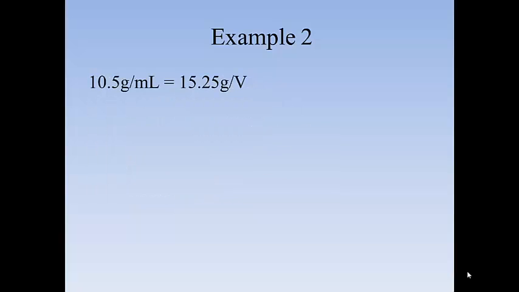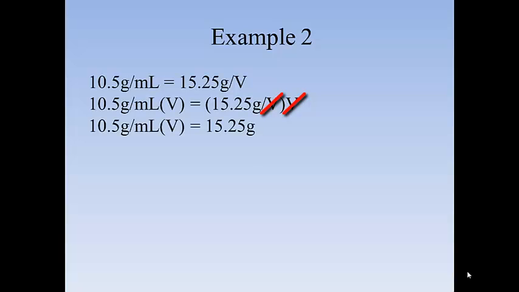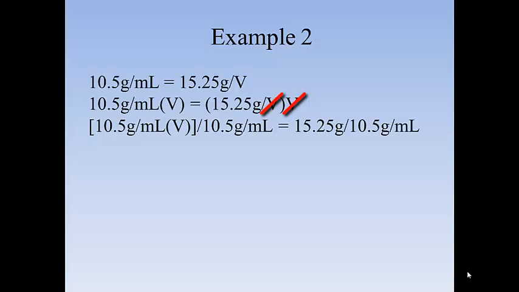We're going to do this in a very stepwise fashion. So here's the initial equation. Multiply both sides by V, which eliminates the V on the right-hand side of the equal sign. So you're left with 10.5 grams per milliliter times volume equals 15.25 grams. Now divide both sides by 10.5 grams per milliliter.